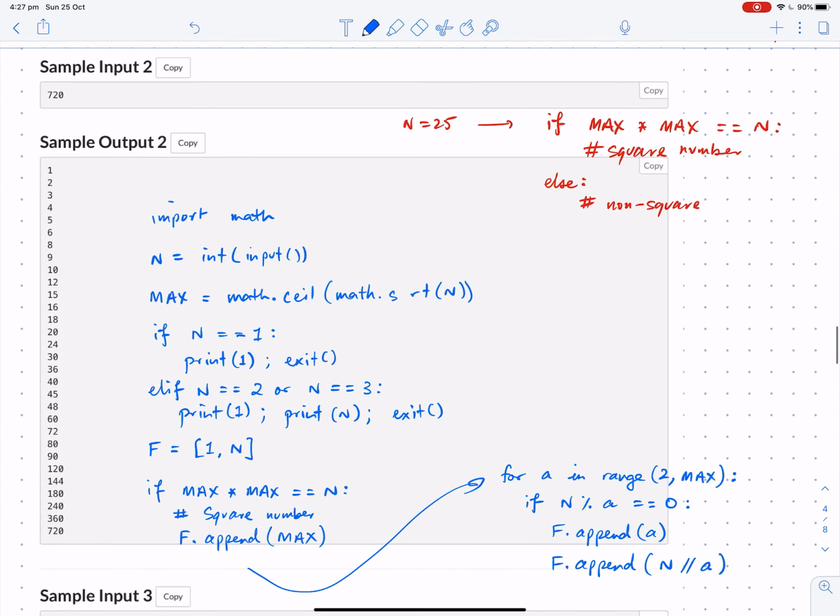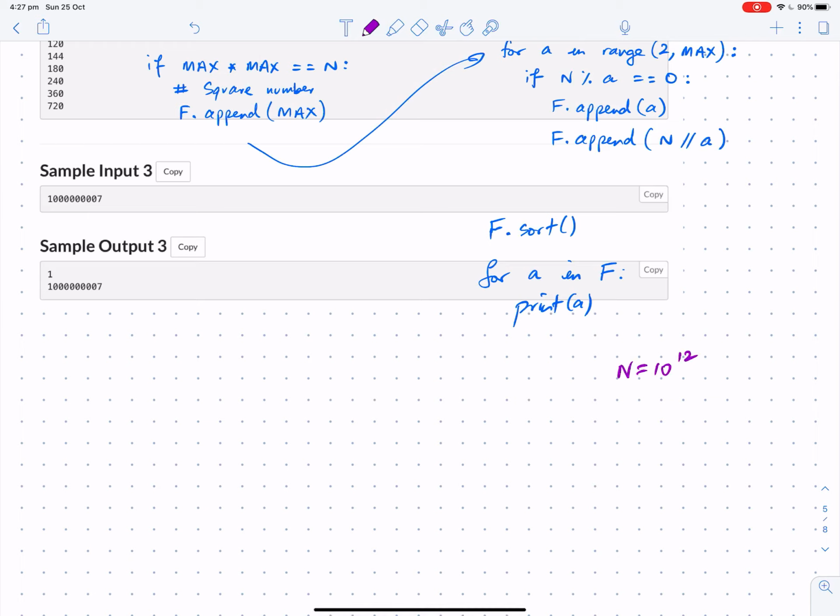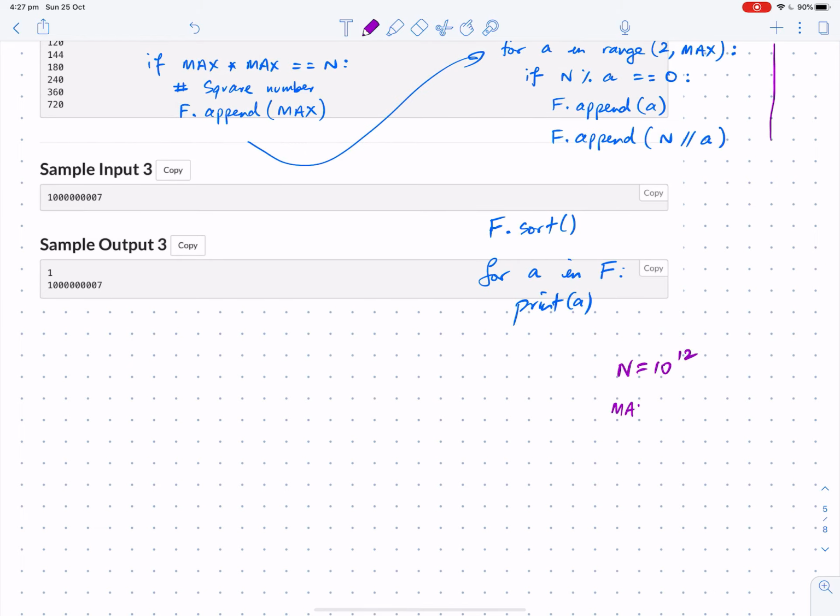Now let's think about whether we're asking the computer to do a reasonable amount of work. So if n is our worst case, 10 to the 12, here's where all the work gets done. So for a in range, the max in this case is going to be 10 to the 6. So the square root.